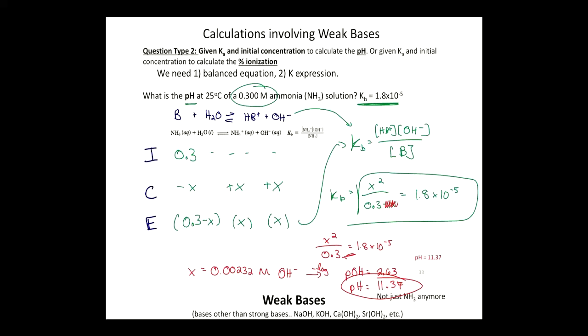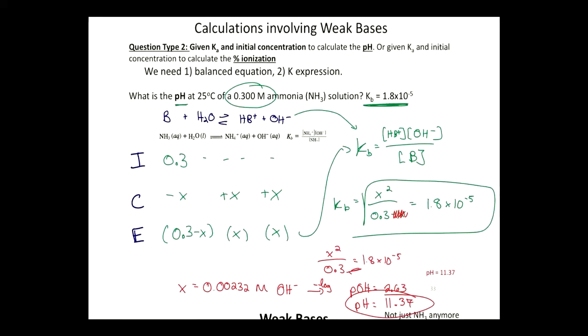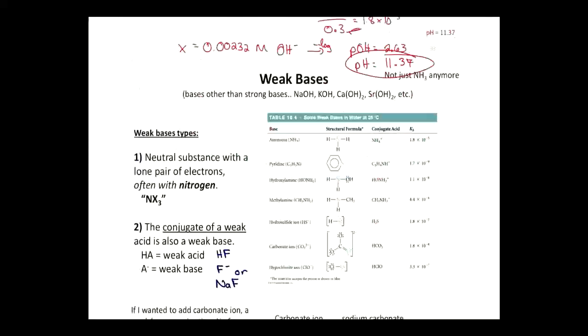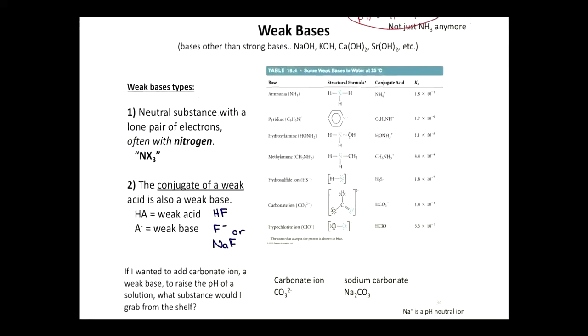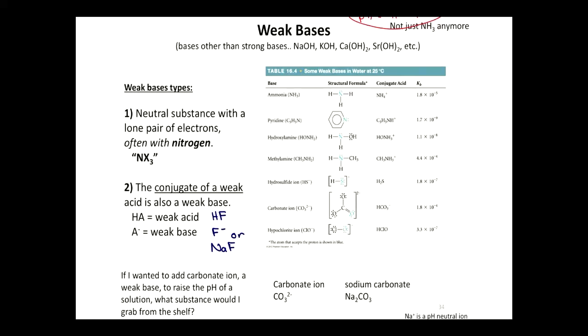The reason bases are harder to distinguish is because it's not so obvious what bases look like. Ammonia: I don't see a hydroxide anywhere in ammonia, but the hydroxide comes from when it reacts with water. So weak bases are harder because it's harder to identify that it's even a weak base.